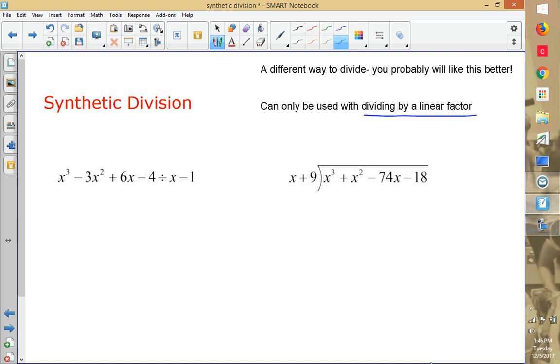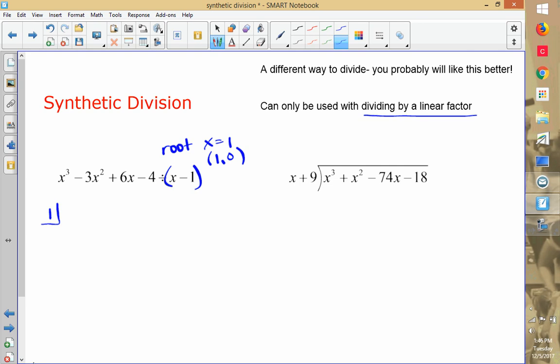So if we are taking, in this first example, this cubic, and dividing it by x minus 1, remember, this is kind of like the factor that you have. And when we were graphing polynomials, if we had the factor x minus 1, that means your root is really at x equals 1. So we have the x-intercept of (1, 0). So we're going to take that root and put it off here into a little box.